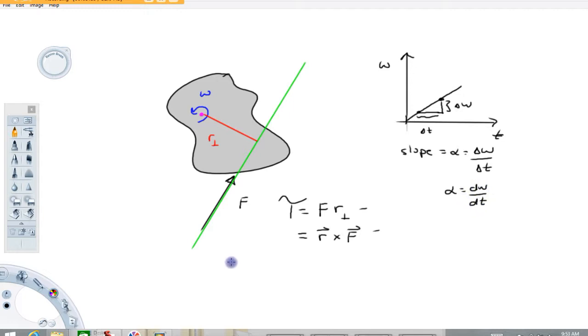Right, Newton's second law for rotation is the sum of all torques, or I'm just going to say the net torque, is equal to I alpha. And again, if you're unfamiliar with that, just go back and look at my video about Newton's second law for rotation. Now, the alpha, again, can be written change in angular velocity over change in time. And again, I could also write this in the language of derivatives, the time derivative of the angular velocity.